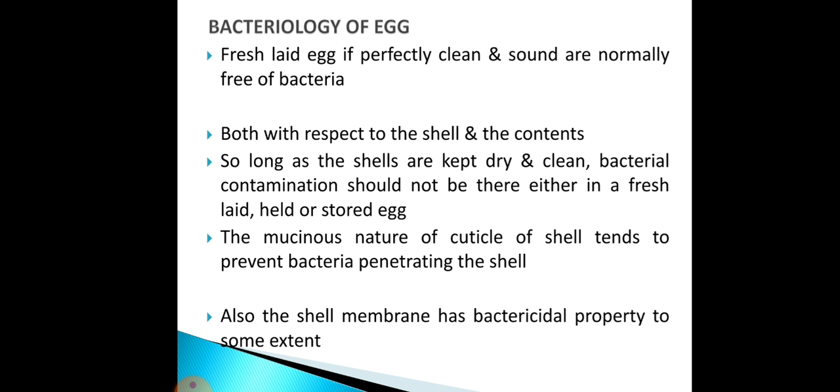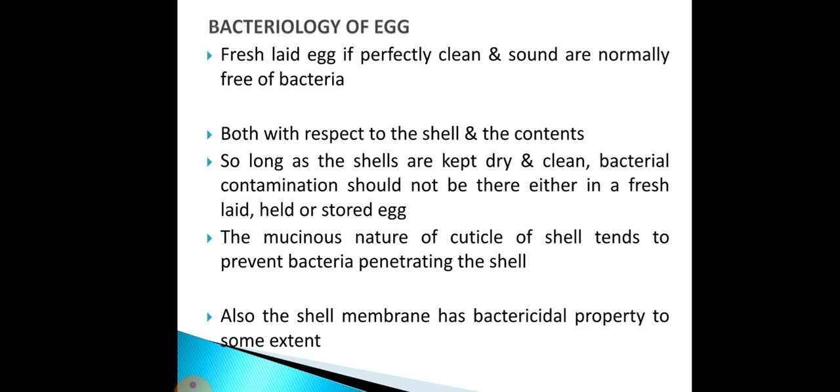Then we will discuss the bacteriology of egg. Fresh laid eggs, if perfectly clean and sound, are normally free of bacteria, both with respect to the shell and the contents.